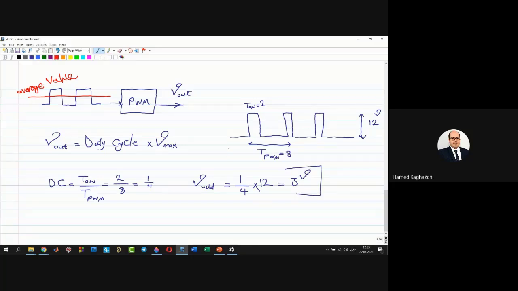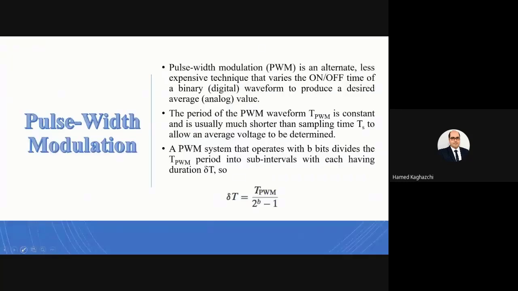The V out of PWM will be 3 volts. I hope you learn about the concept of pulse width modulation.